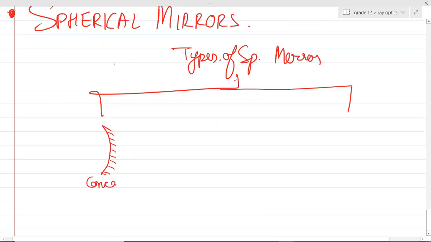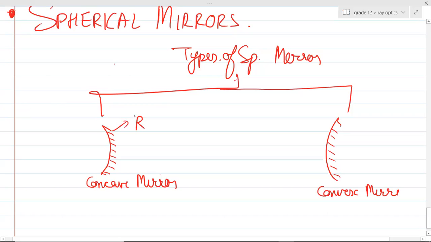Everyone knows this, right? I am not going into much detail. And there are convex mirrors, right? Please remember, this is the non-reflecting side, and this is the reflecting side.